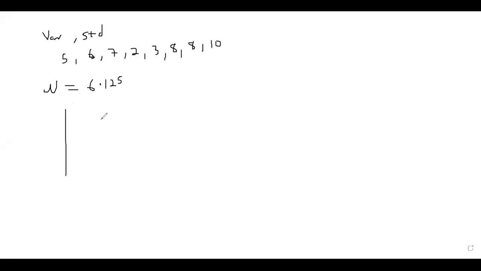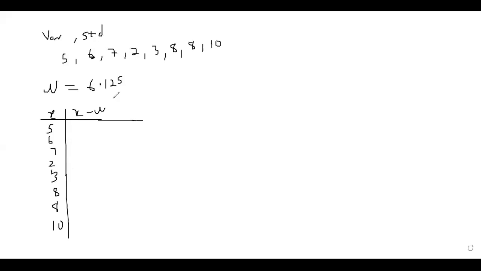So what we need first is a table with X, which will be 5, 6, 7, 2, 3, 8, and 10. Then we need another column, X minus mu.